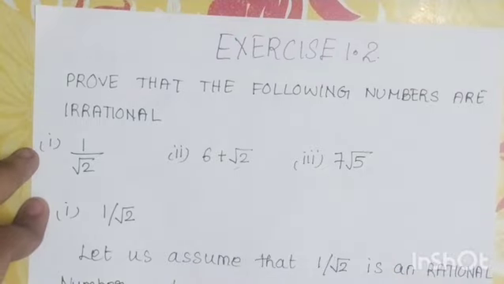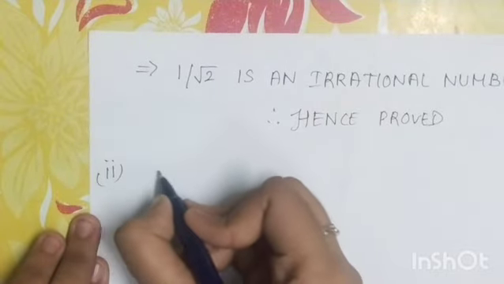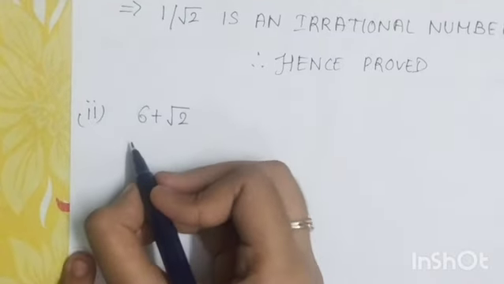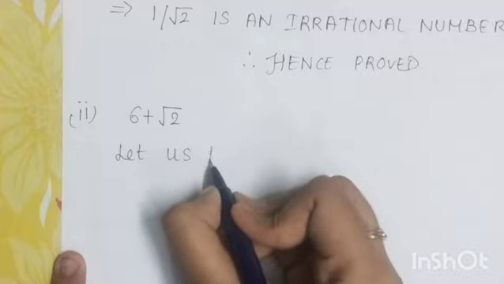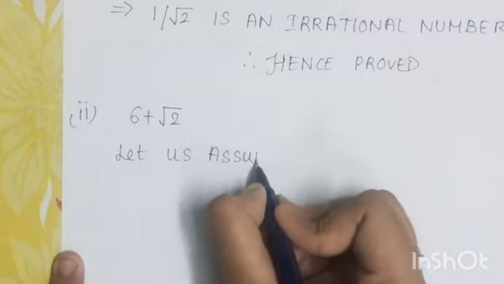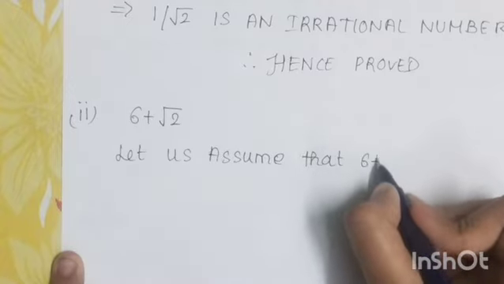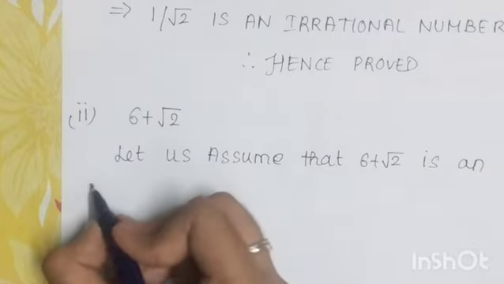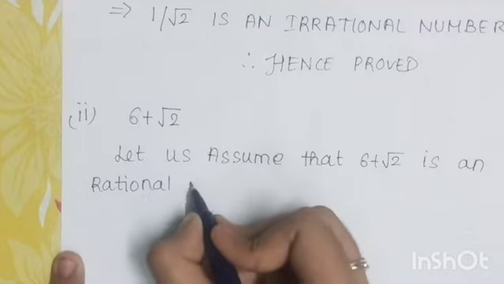Now 6 plus root 2. Same, we'll start with, let us assume that 6 plus root 2 is a rational number.